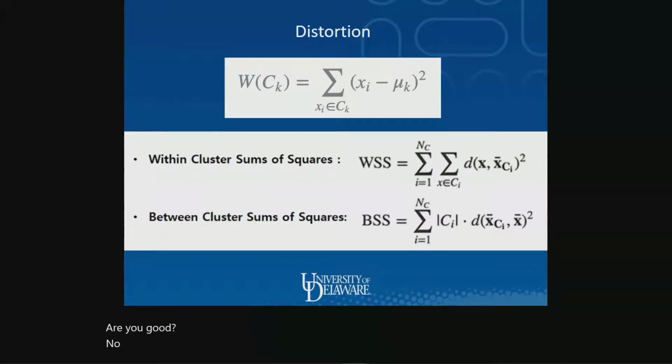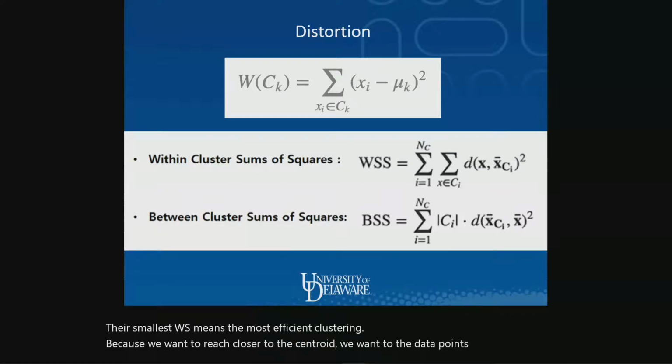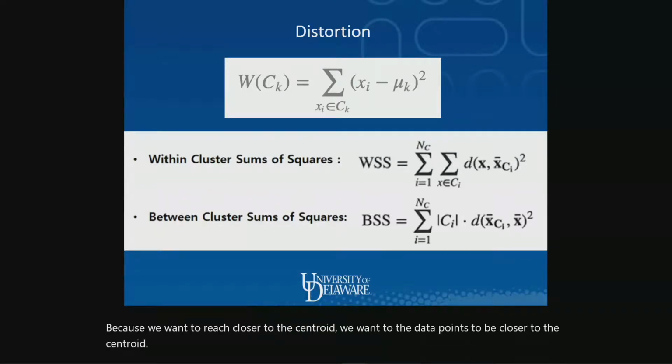No. The smaller one is the better one. The smallest WSS is the better one. We want a WSS that is small. The smallest WSS means the most efficient clustering, because we want the data points to be closer to the centroid. Larger distances are worse.